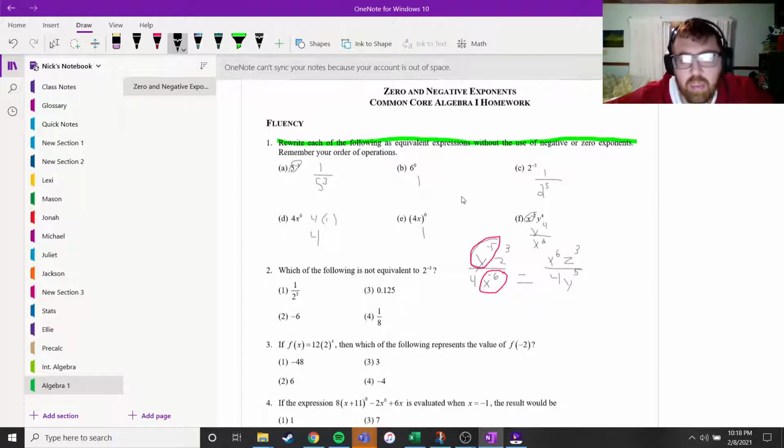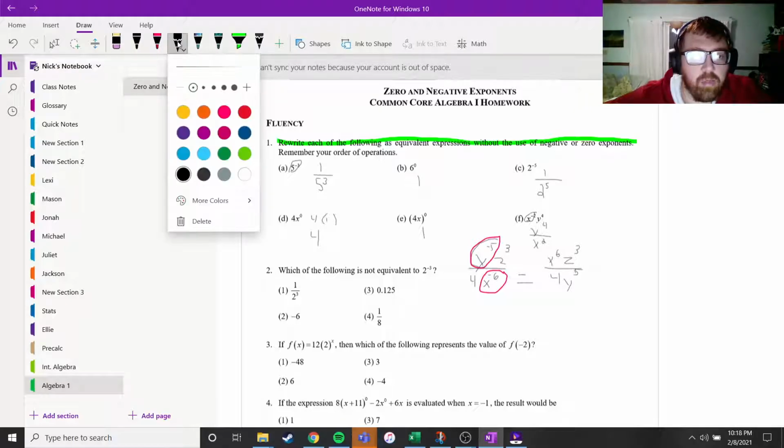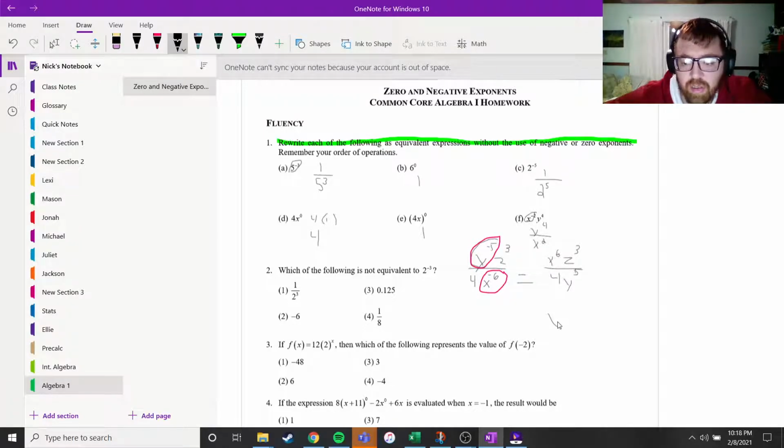Now, what about if we had something along the lines of x to the fifth, y to the negative fourth, z to the third, over 3 x to the negative third, y to the negative second, z to the second.